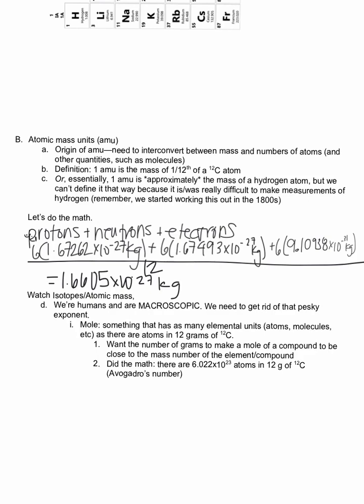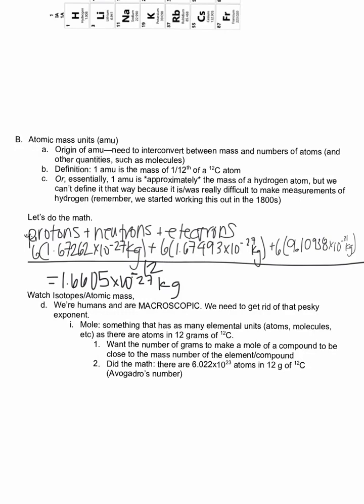As humans who deal with the world at a macroscopic level, this unit, this 1.6605 times 10 to the negative 27 kilograms, is not useful. So we came up with the concept of a mole to allow us to talk about amounts of an element on a level that makes sense to us, or to get rid of those pesky exponents.